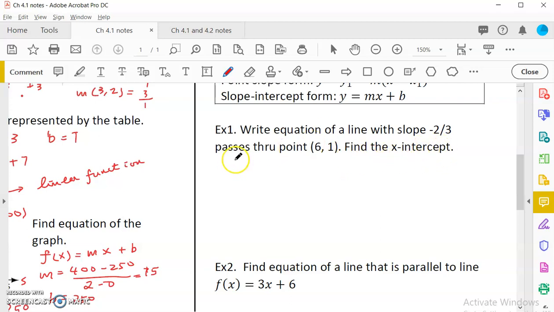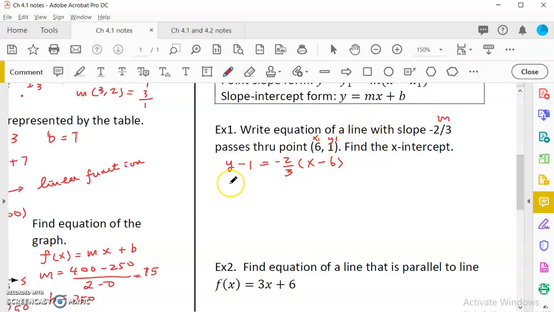So we have a point and a slope, so we use point-slope form. y minus 1 equals m, negative 2 over 3, times (x minus x1). So this is the point-slope form.